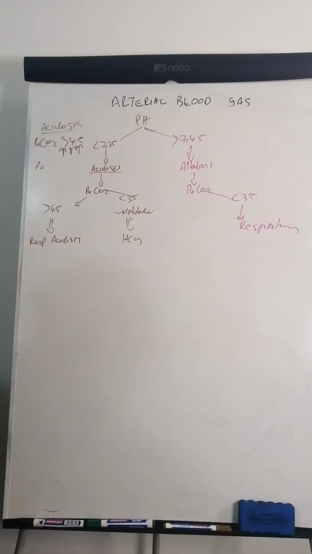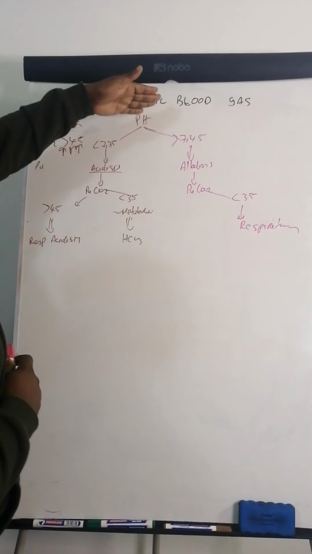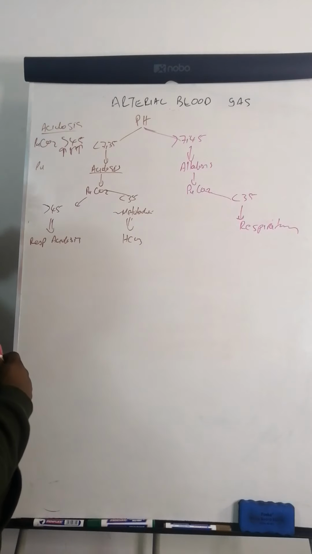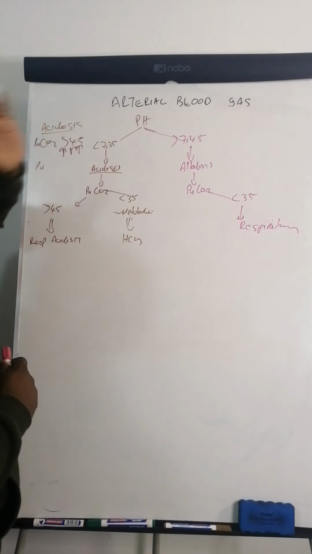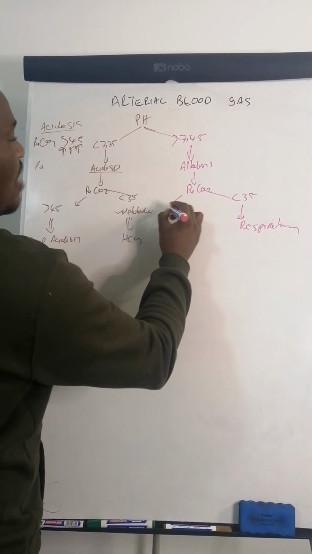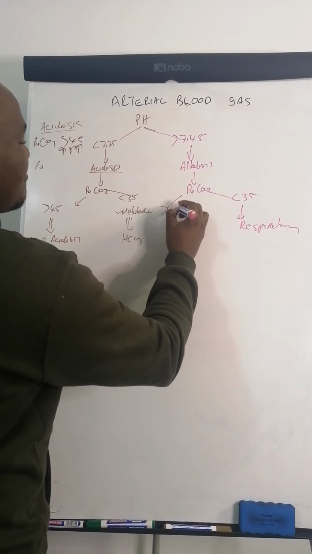Look at what is happening here. We look at our pH, we say, okay, our pH is more than 7.45. Okay, we know it's alkalosis. But when we check our partial pressure, now our partial pressure is more than 45.